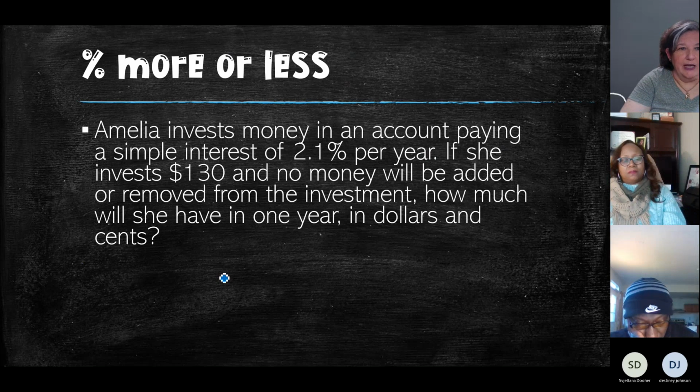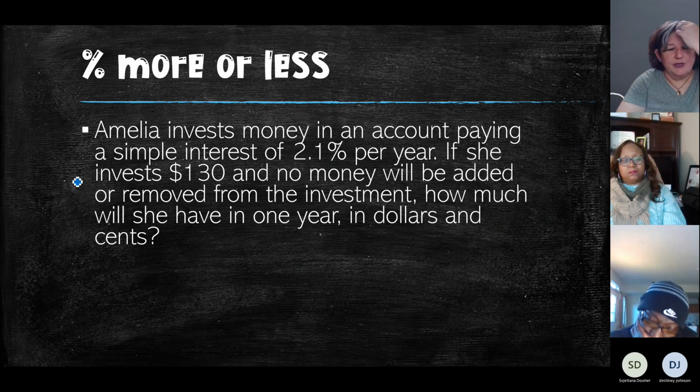So, percent more or less. Amelia invests money in an account paying a simple interest rate of 2.1% per year. If she invests $130, no money will be added or removed from the investment. How much will she have in 1 year in dollars and cents? So this has two steps.